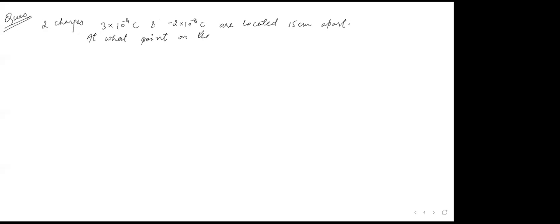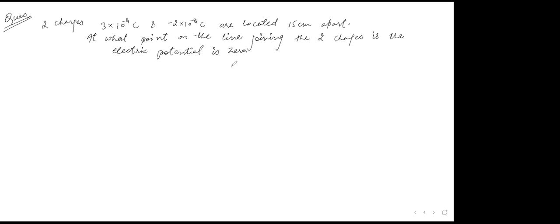On the line joining the two charges, at what point on the line joining of the two charges is the electric potential is 0.